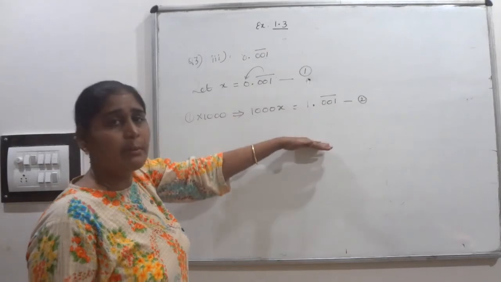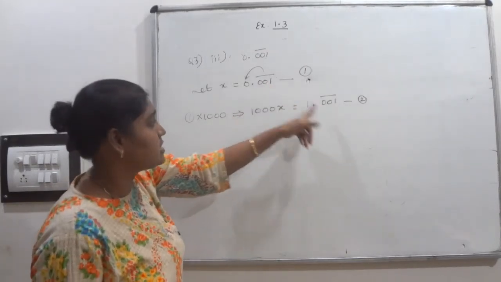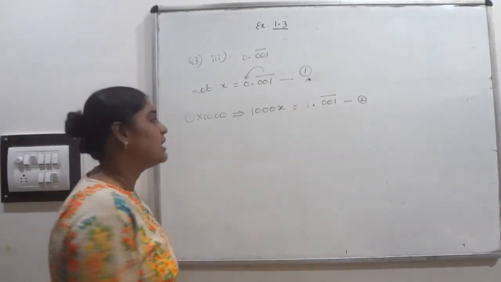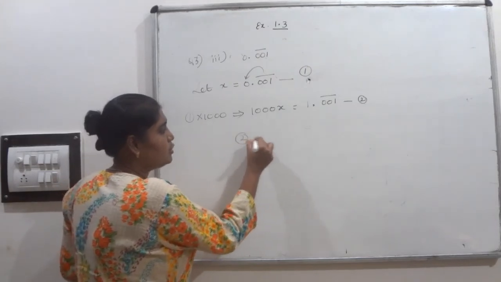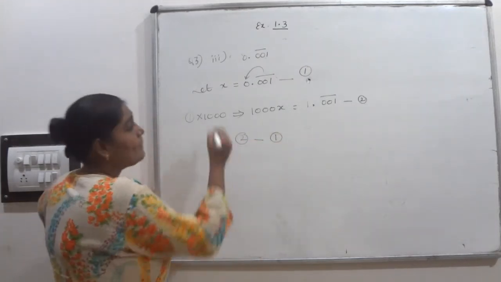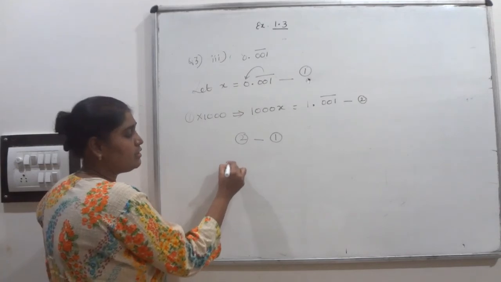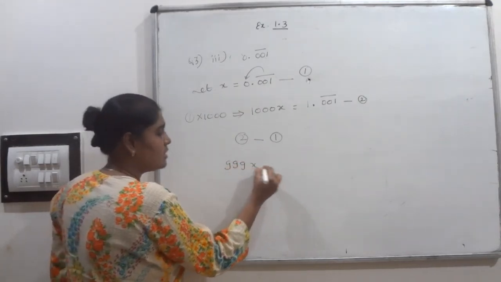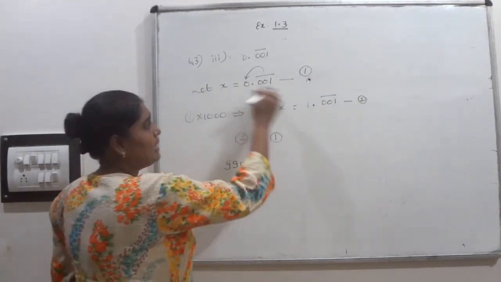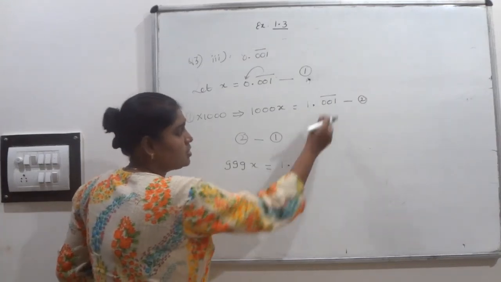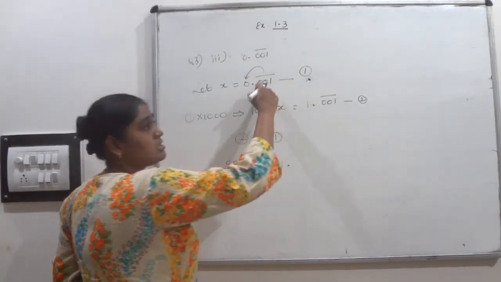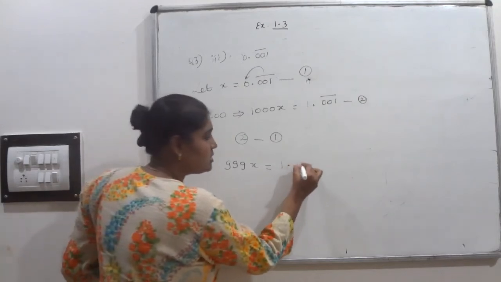Check the decimal part in both equations. Are they equal? Yes, definitely they are equal, so we can directly subtract them. Equation number 2 minus equation number 1: 1000x minus 1x is 999x, equal to 1 minus 0, which is 1, since 001 bar minus 001 bar is 0 only.